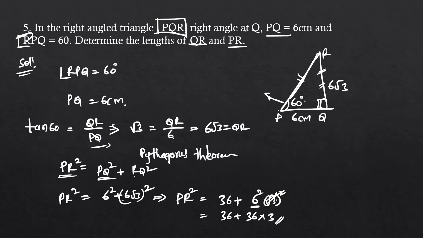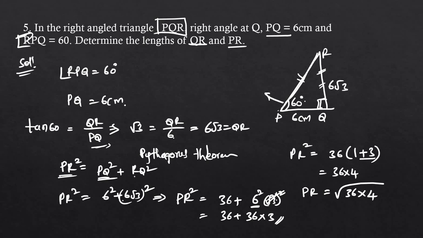So 36 will come out of PR square, 36 into 1 plus 3, so 3 plus 1 is 4, 36 into 4 will come. So PR is equal to under root of 36 into 4. The square goes to the right side of the equation and it will become root. So this 36 will come as 6 and this 4 will come as 2.